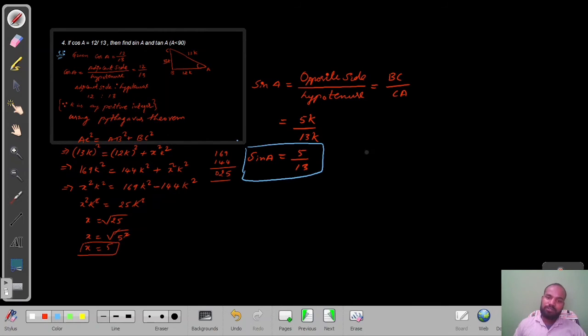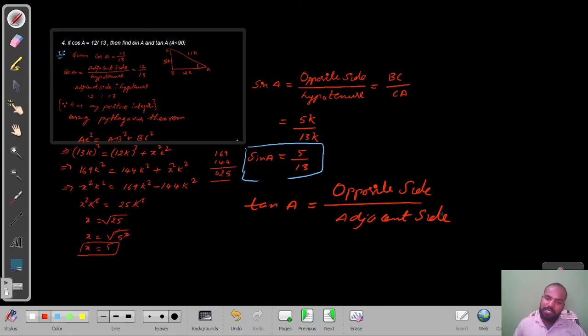So tan A equals to... what is the tan A formula? Tan A equals to opposite side by adjacent side.